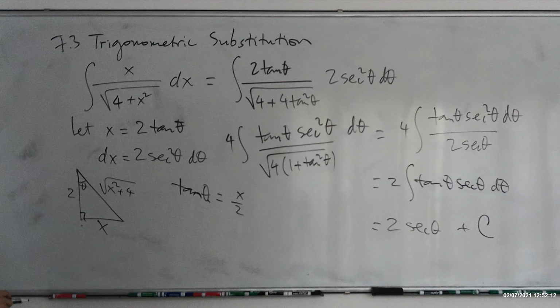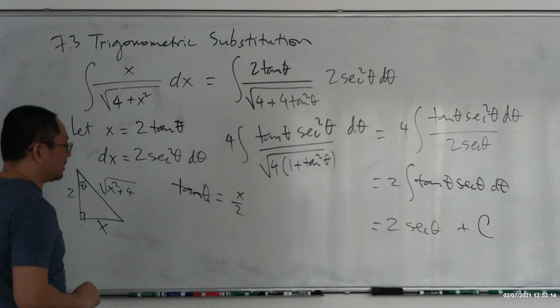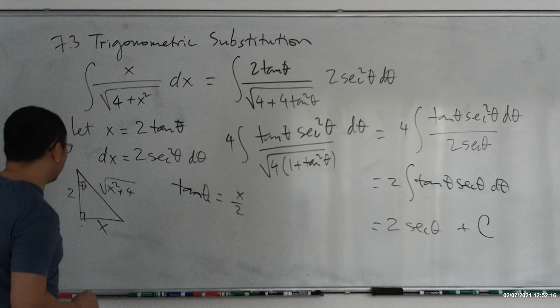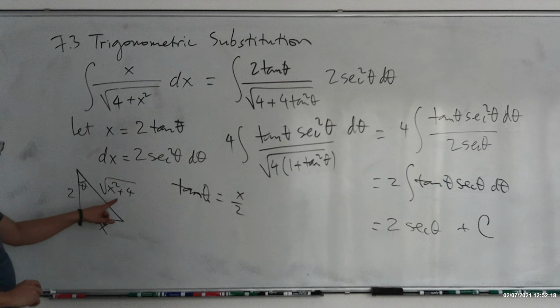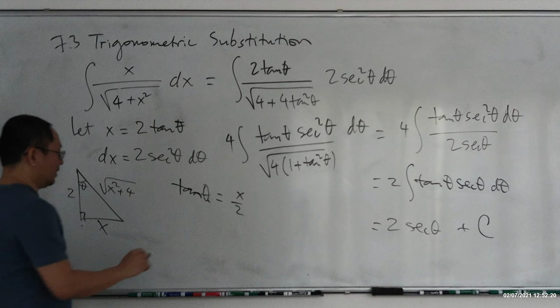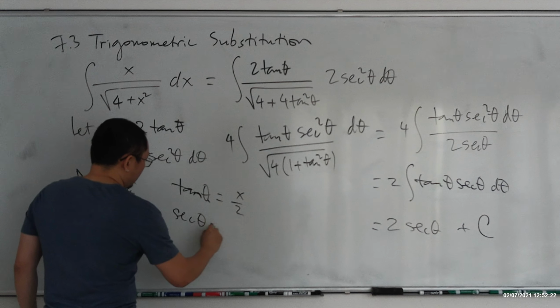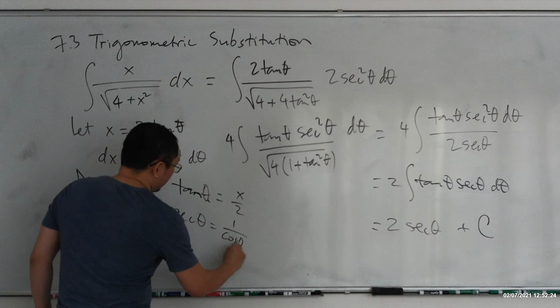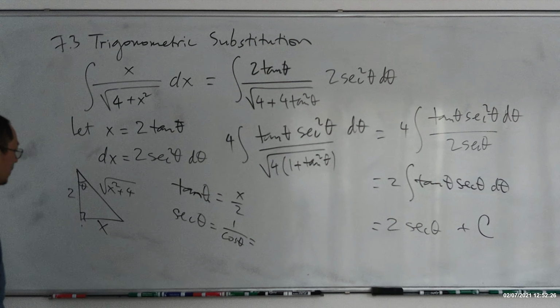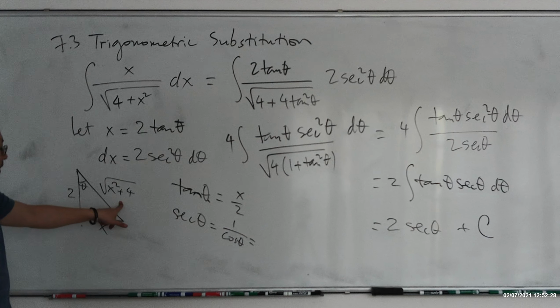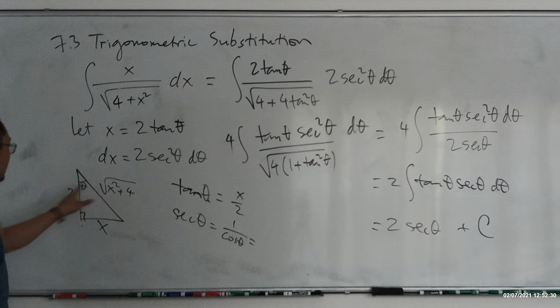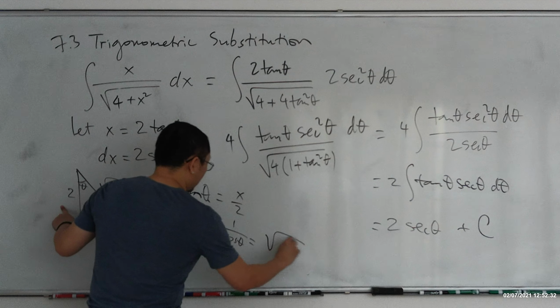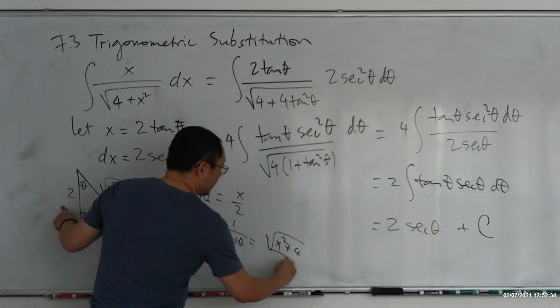So secant theta is the reciprocal of cosine. Secant of theta is equal to 1 over cosine of theta, and cosine is adjacent over hypotenuse, so secant is hypotenuse over adjacent: the square root of x squared plus 4 over 2.